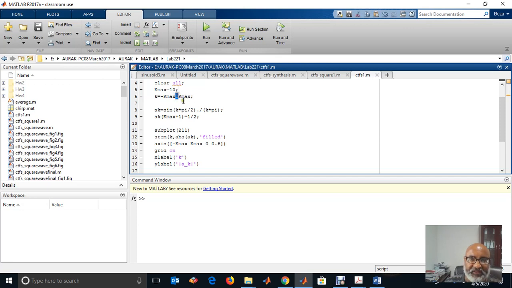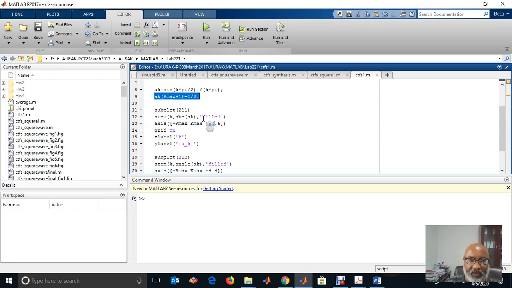The two dots mean that the step for K will be 1. Then I defined AKs, which are given by this, and then AK at K max plus 1 is half, which is 0.5. In fact, it is A0.